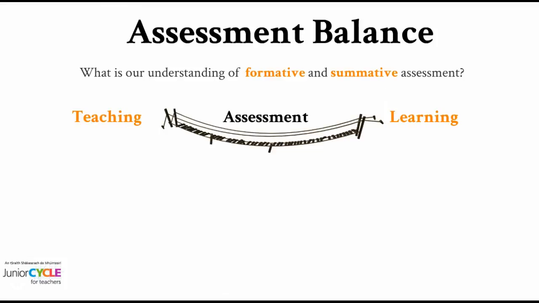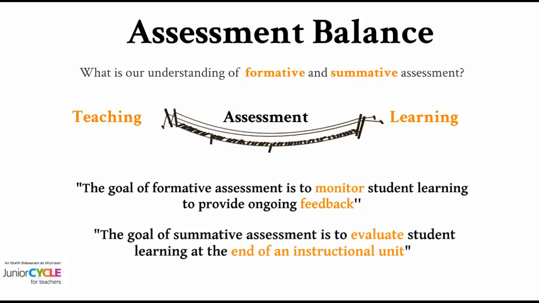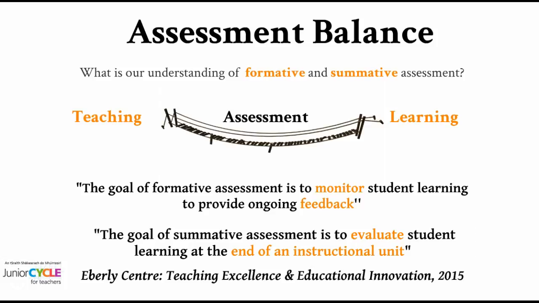Assessment balance is achieved with a blend of formative and summative assessment. The ultimate aim of assessment is to support our students' learning, remembering that the goal of formative assessment is to monitor student learning and to provide ongoing feedback. And the goal of summative assessment is to evaluate student learning at the end of an instructional unit.